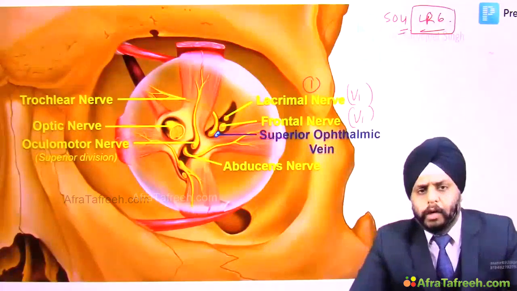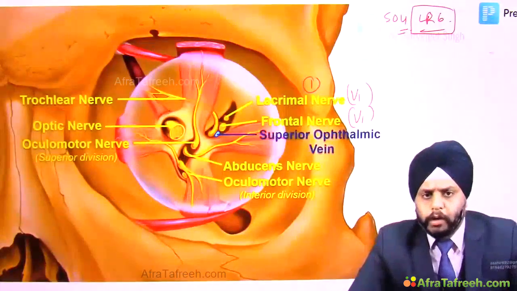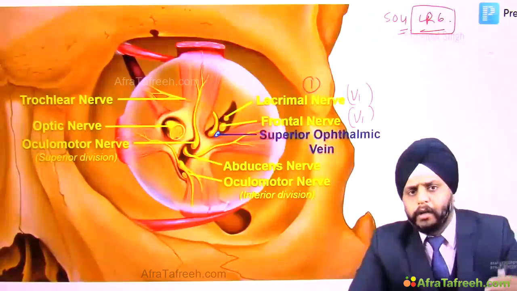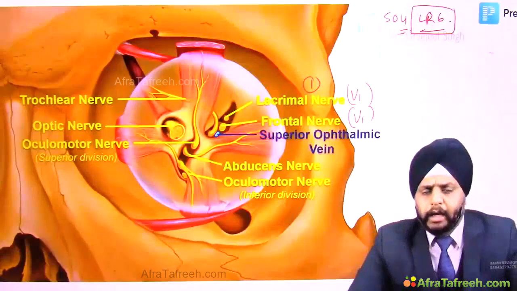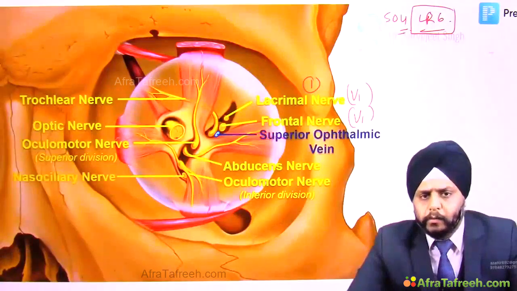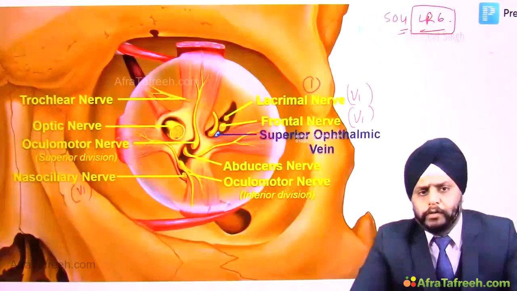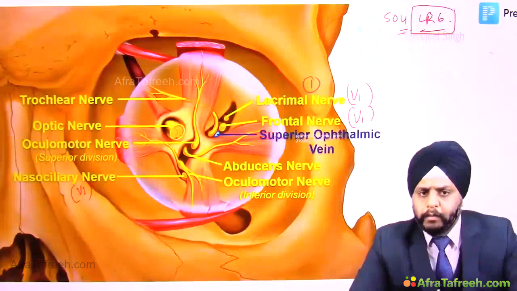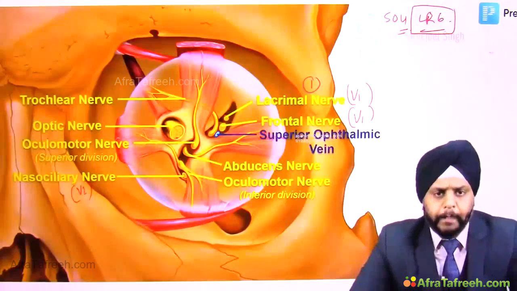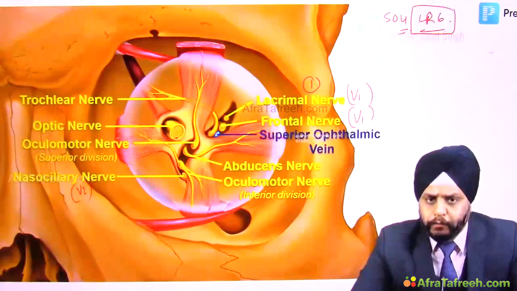Now comes out the inferior division of oculomotor nerve, which has supplied the medial rectus and the inferior rectus muscles. And lastly we can see a small nerve coming out, that is the nasociliary nerve. Again, this nasociliary nerve is a branch of V1, the ophthalmic nerve. So that was the superior orbital fissure.